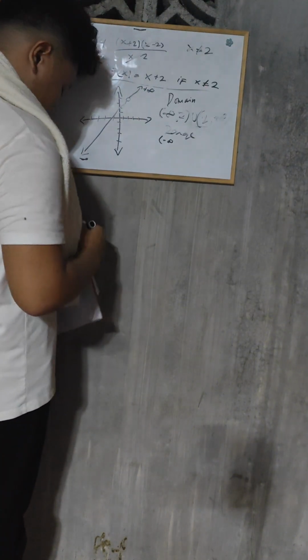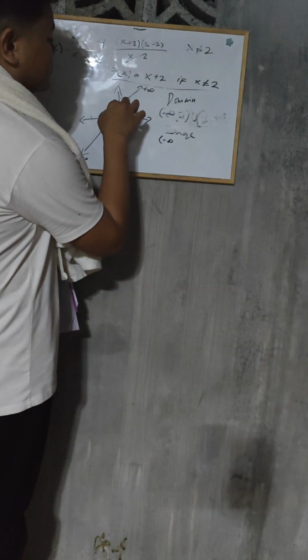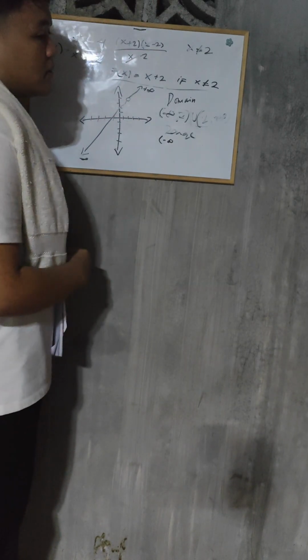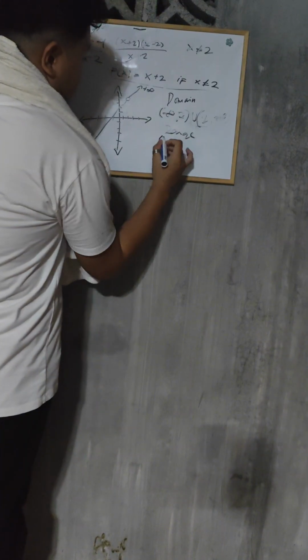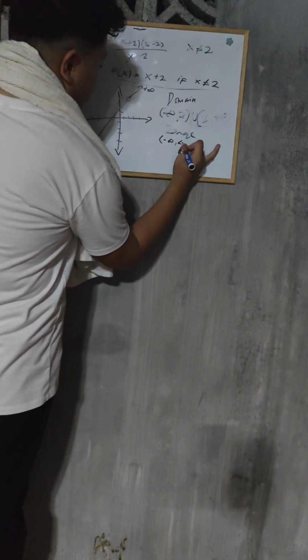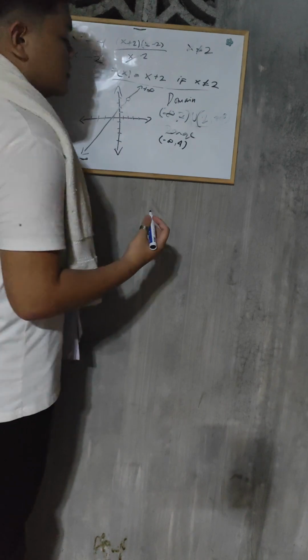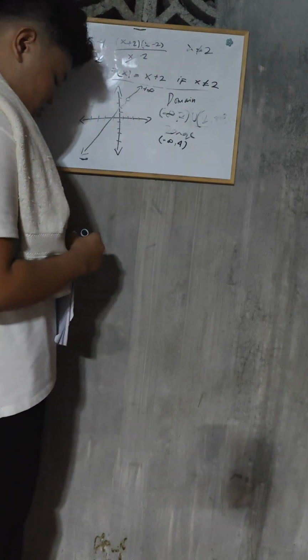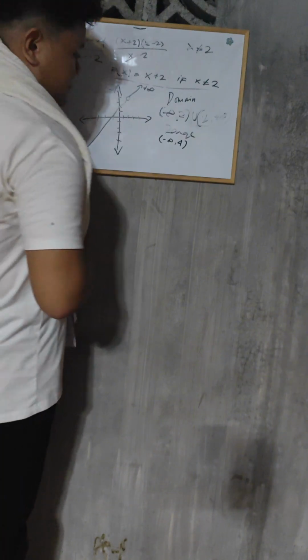And then, as you can see, yung line mag-break siya at the point na y is equals to 4. Pero since that's an open circle, again, we're gonna do the same thing sa domain, which is 4 siya dito, pero parenthesis instead of bracket because it's 4 pero not exactly 4, just approaching 4.